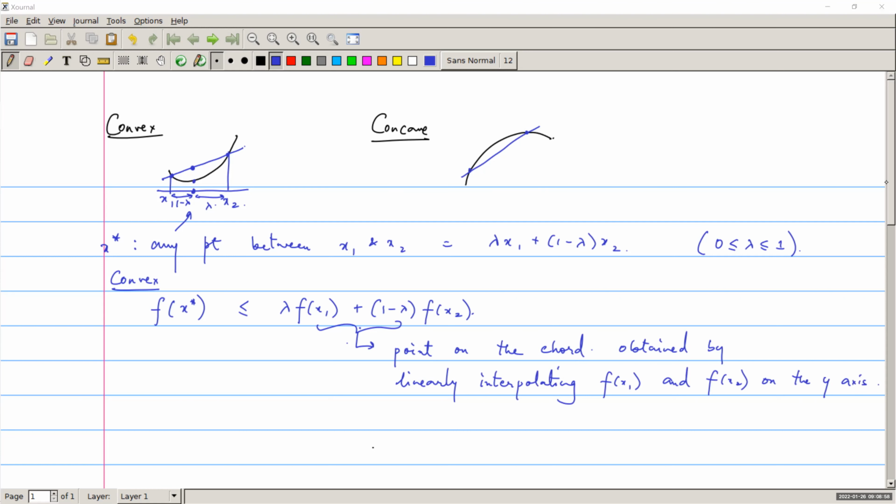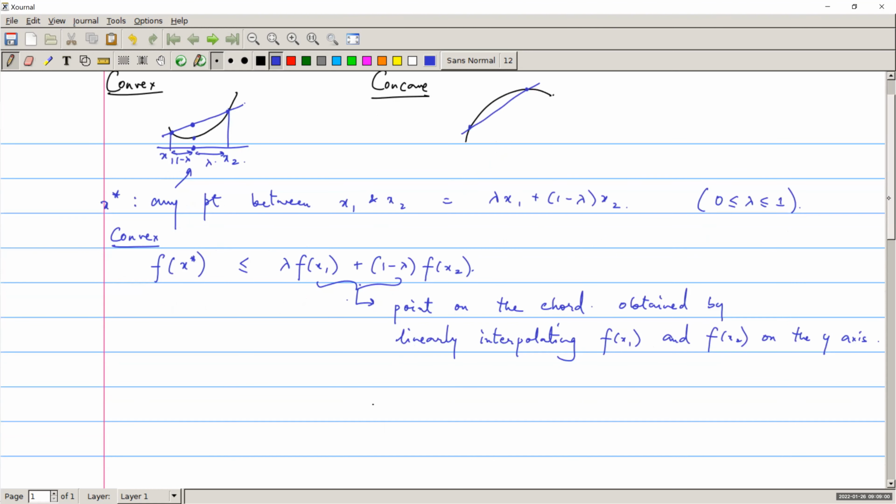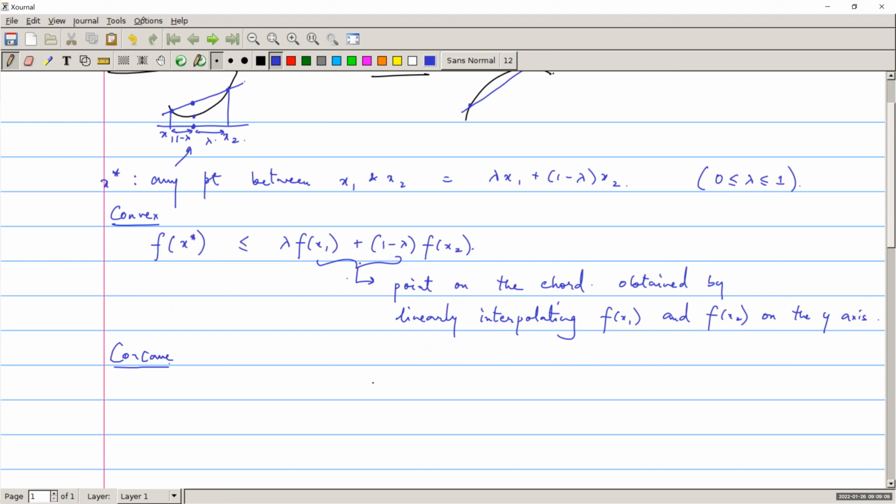So this is a convex function. In a concave function, the value of the function is greater than the interpolated values.